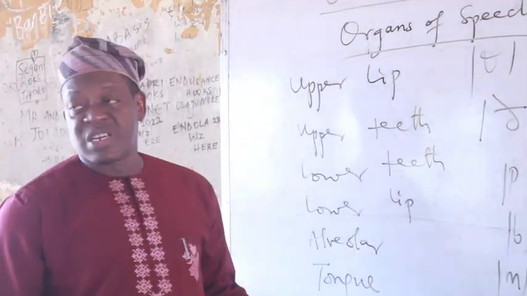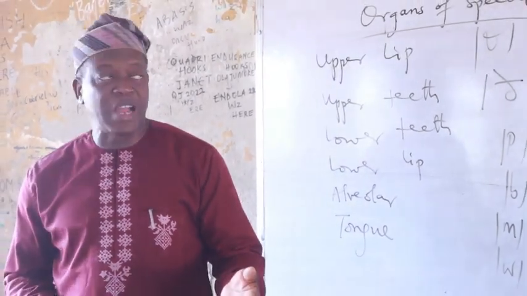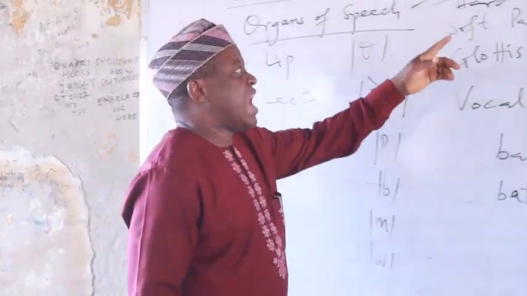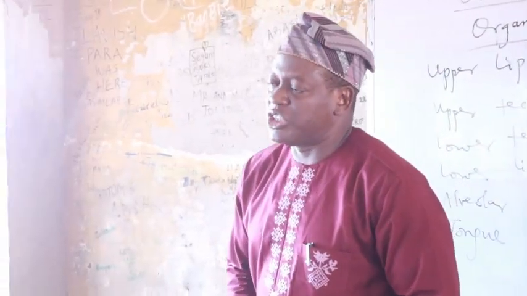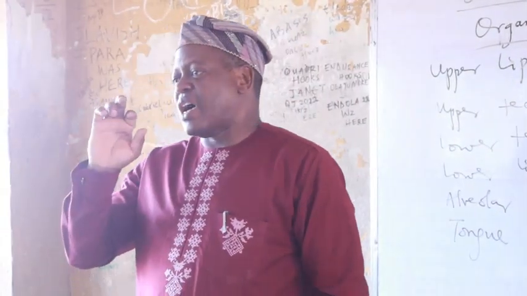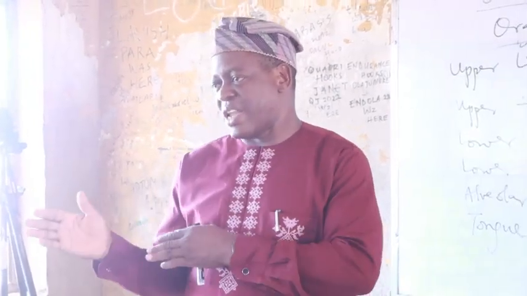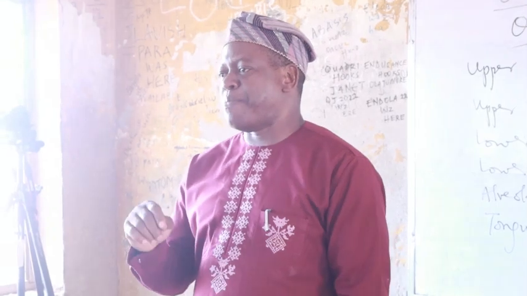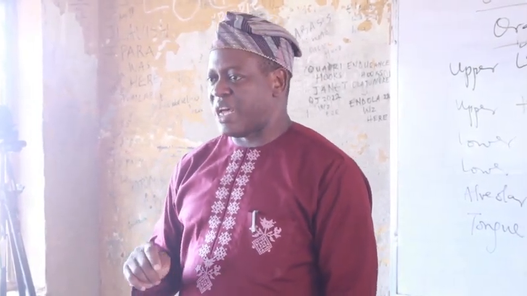So the tongue can move in different directions, assisting other organs of speech. Hard palate. Now, when the tip of your tongue touches the hard palate, in between the alveolar ridge and the palate, we have palato-alveolar sounds. What do I call it?